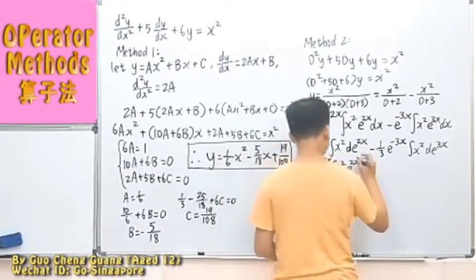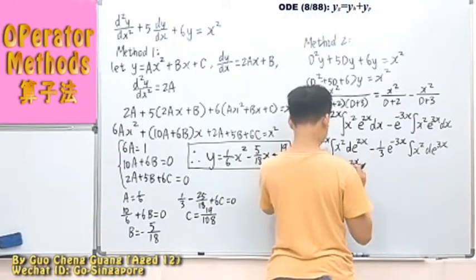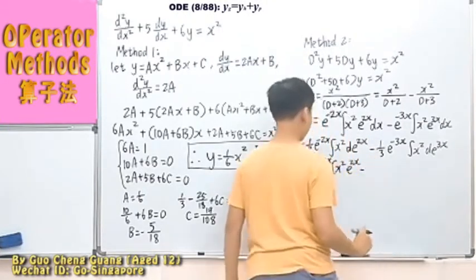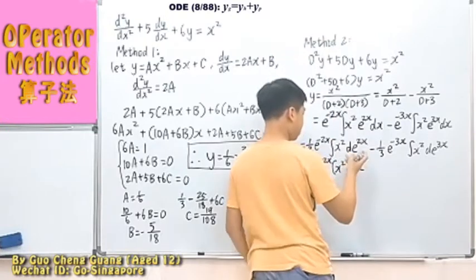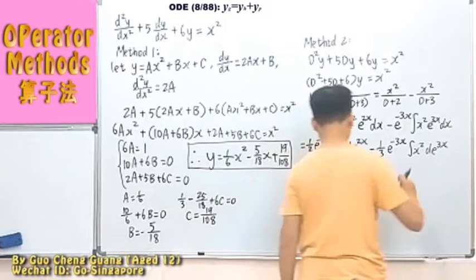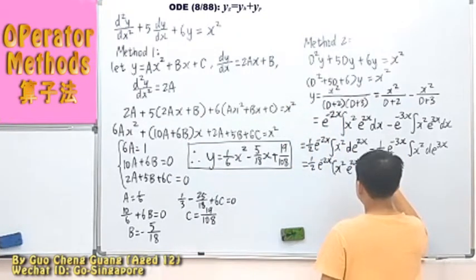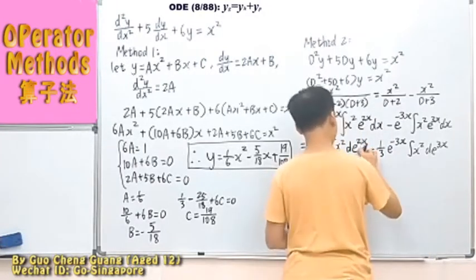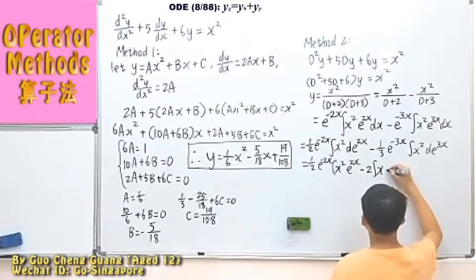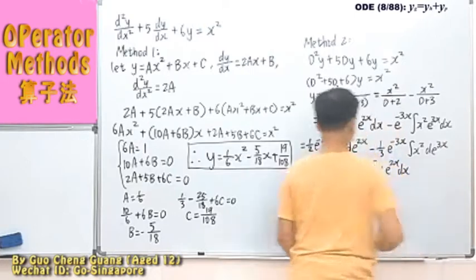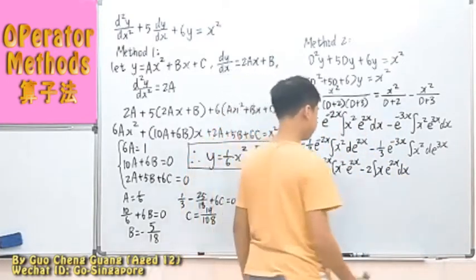Then after that, for this part, you have to change these two positions. After you change these two, you can straight away differentiate x squared to take it out of that d. So that means what you'll get will be a 2. Then you can put x in front of the e to the power of 2x. So x is then e to the power of 2x dx for this part.